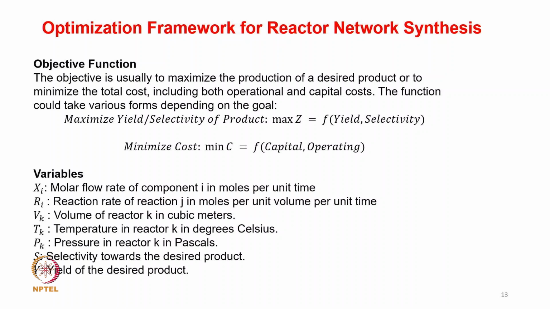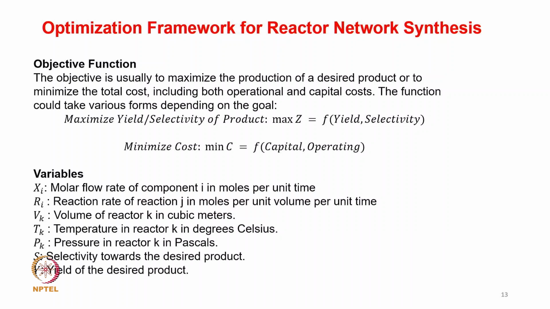What is the objective here? It is to maximize the production of the desired product, or to minimize the total cost, or including both. The function could take various forms: maximize the yield, maximize the selectivity.